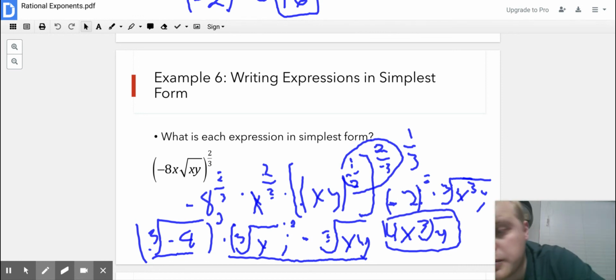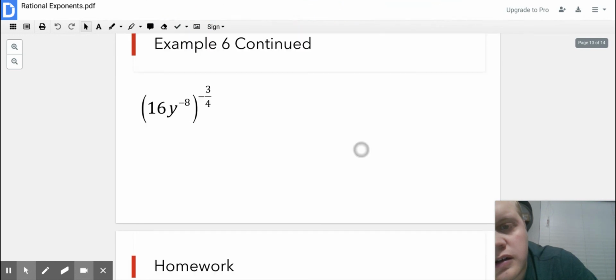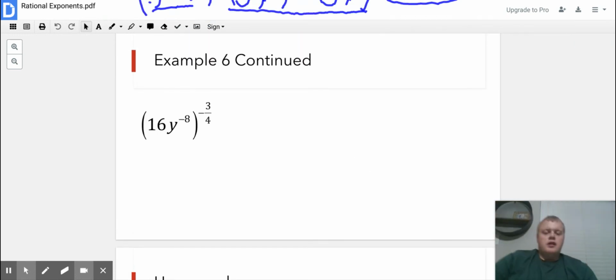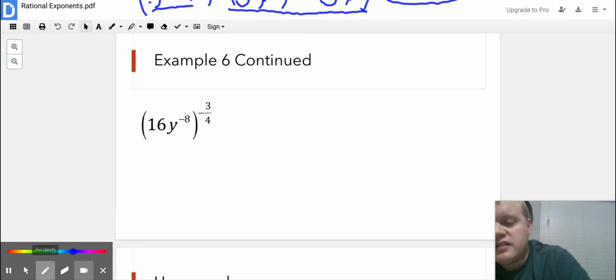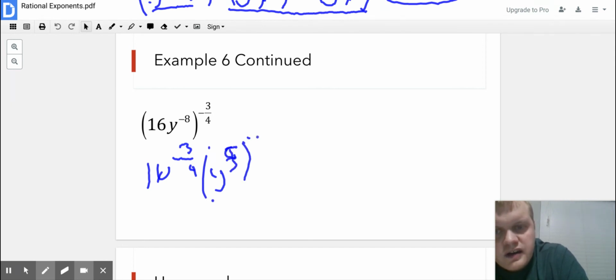All right, last example. Last example here, guys. Example 6. All right, so first step, I'm going to distribute that negative 3/4 into all of my terms there. So if that's the case, I'm going to have 16 to the negative 3/4, and then I'm going to have y to the 8th times negative 8 to the negative 3/4.